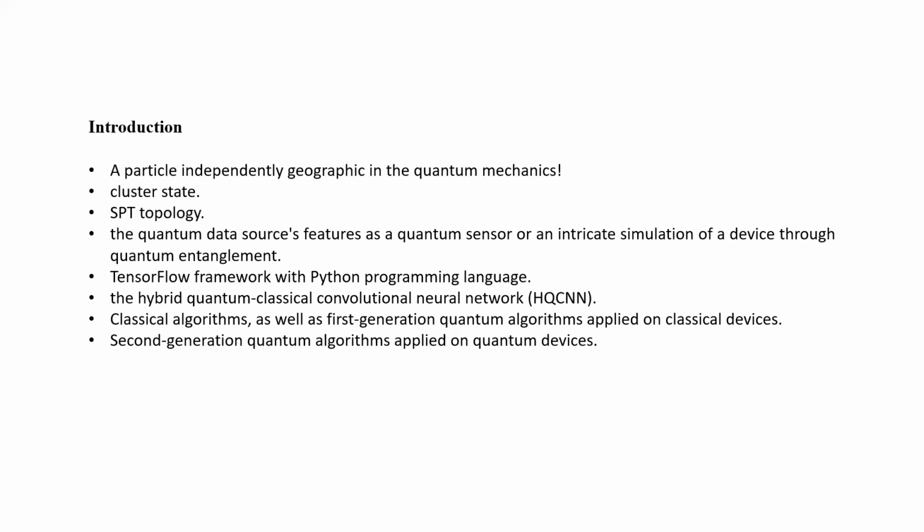Particle arrangement represents their quantum state at zero temperature and highlights the particles' energy and symmetry gap during the symmetry protected topology, and provides a more consistent method for differentiating the quantum data sources features, such as quantum sensors or complex simulation of devices through quantum entanglement.